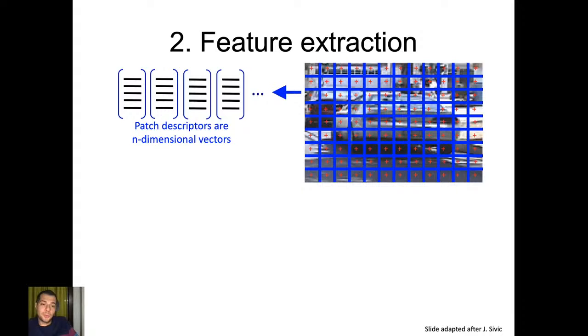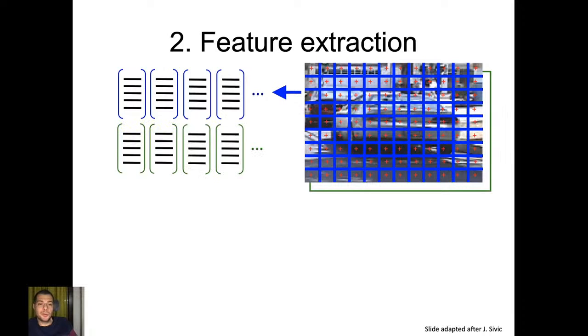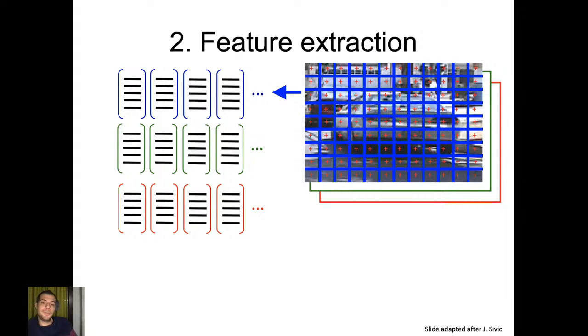So in this example, we're using a dense grid over the image. And for each image patch, we extract a descriptor. So for descriptors, we can use SIFT, SURF, HOG, and so on. So from a different image, we extract another set of descriptors and so on. So this is kind of equivalent to extracting words from documents and building the vocabulary of words.